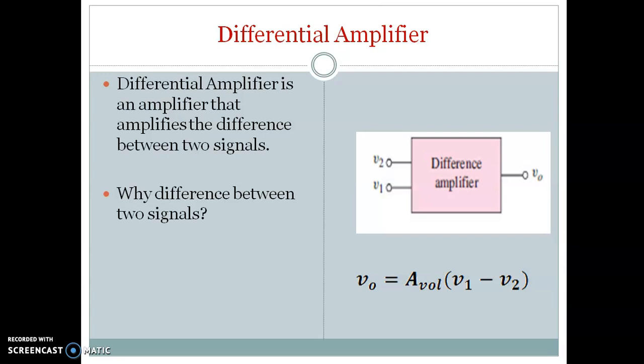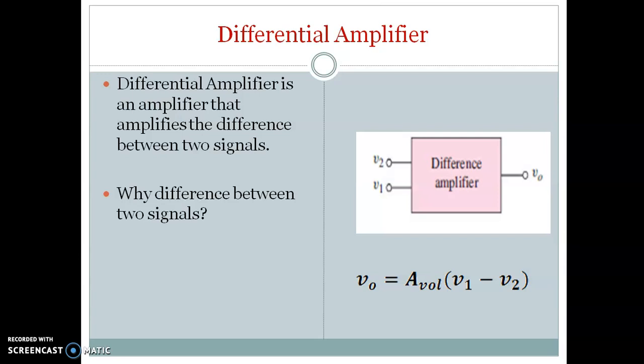Think of instrumentation, biomedical instrumentation, or a temperature control system, where we keep one signal as reference and in real time we monitor the other signal and compare. Similarly, you can imagine that kind of situation here.